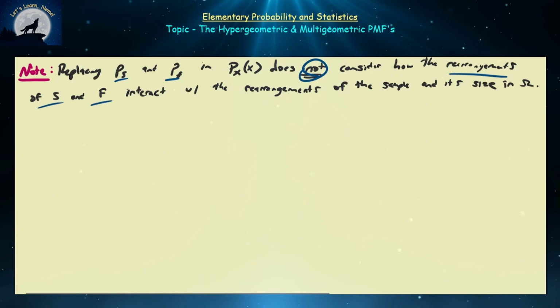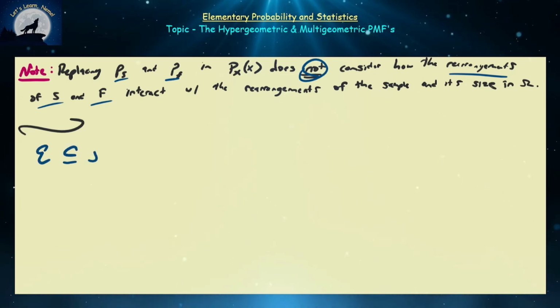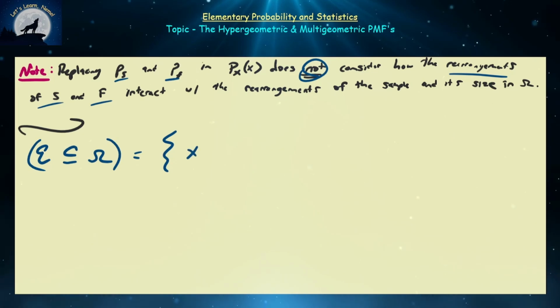So let's see if we can frame a hand-wavy definition or derivation of the hypergeometric distribution. Our event inside of omega needs to be of the structure x successes and n minus x failures.